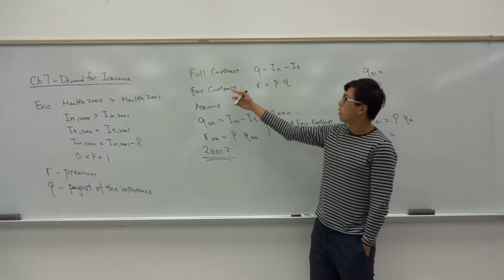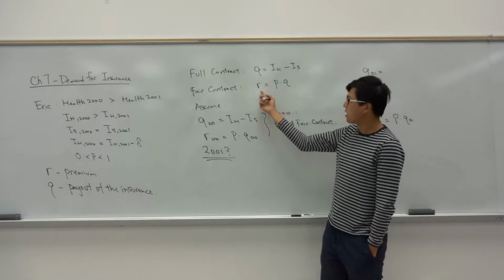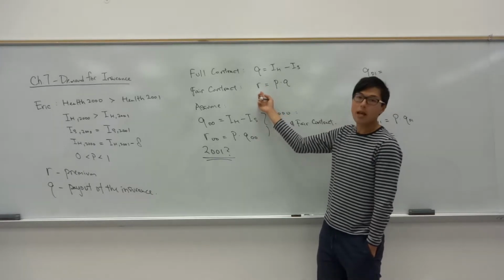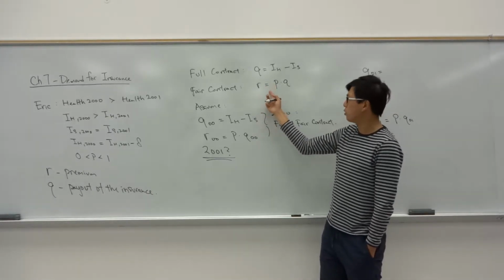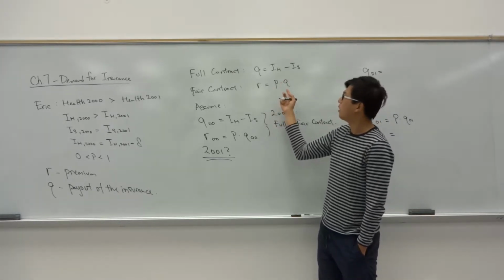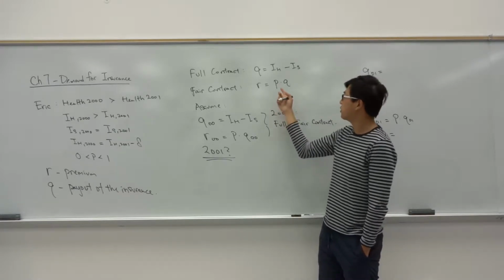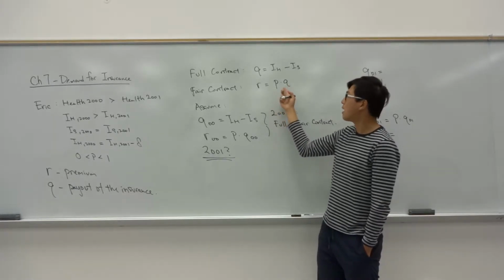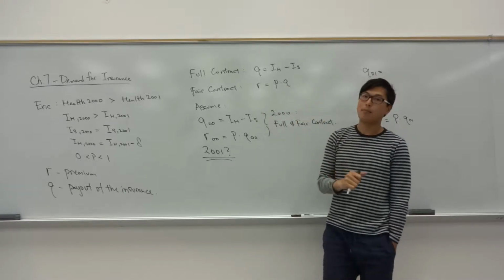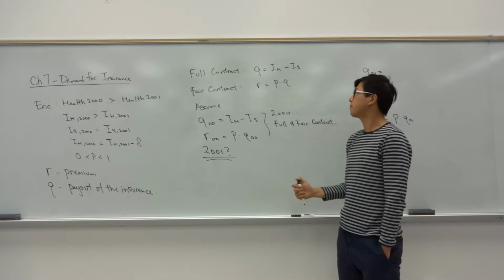And by saying this is a fair contract, we mean the premium that Eric pays is equal to the expected payoff of the insurance coverage, which is the probability of getting sick times the payout of the insurance company when Eric is getting sick.